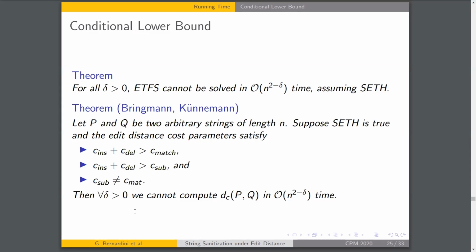Let P and Q be two arbitrary strings of length n, and suppose the strongly exponential time hypothesis is true, and the added distance cost parameters satisfy some reasonable assumptions. So this is the general case where insertion, deletion, match, and substitution can have arbitrary costs. Then we cannot compute the added distance between P and Q in strongly subquadratic time.